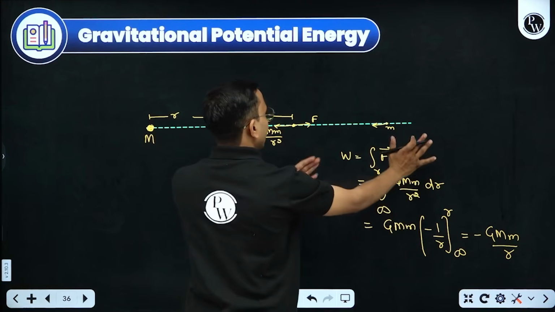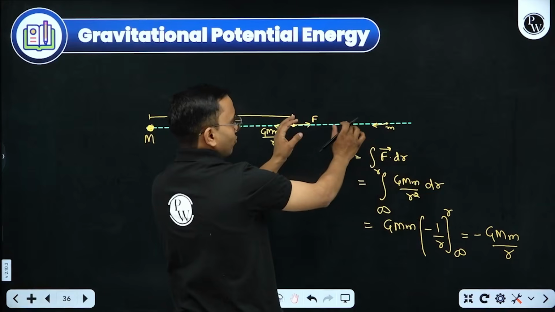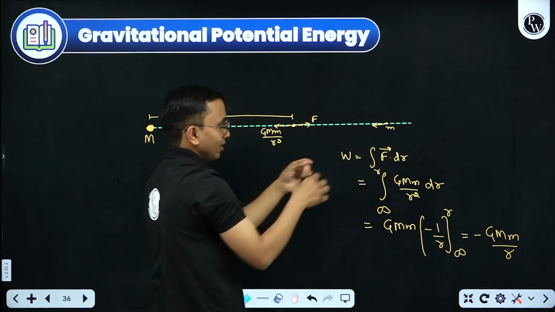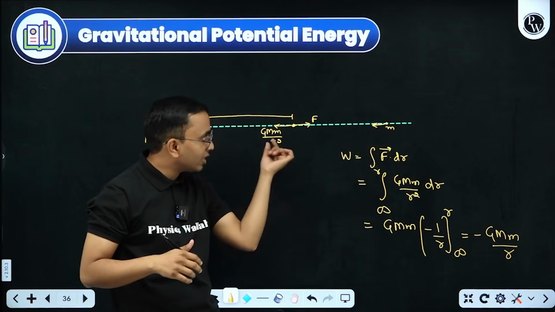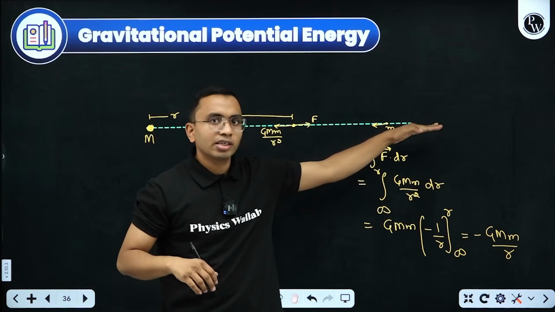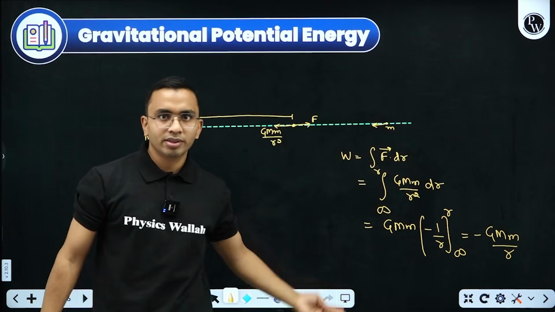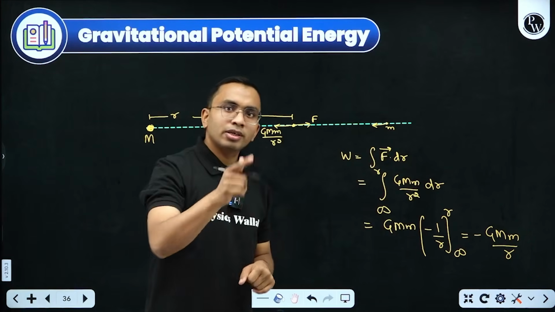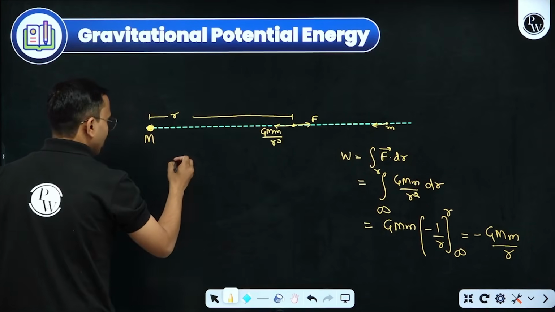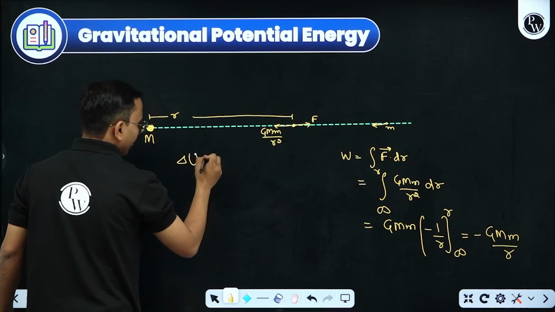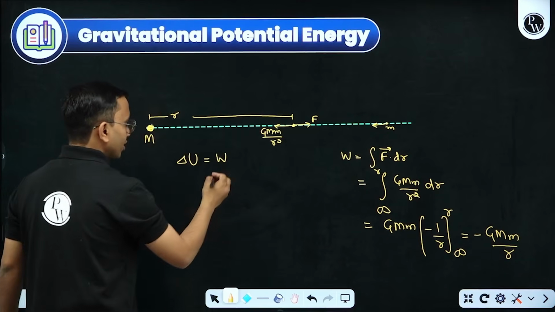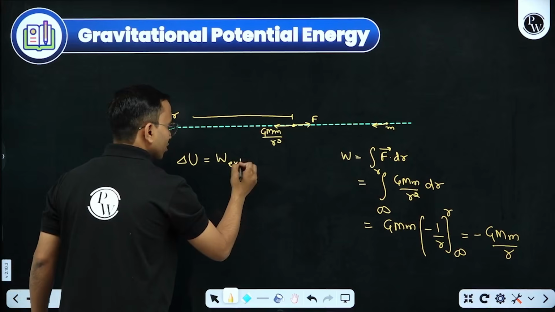The mass was moving in this direction, I was applying force in that direction. Work done should be negative only. Yeah, I got that as negative. Now this work, where will it be stored? In potential energy. So I'll say my change in potential energy will be equal to my work done. This is the work done by the external force.